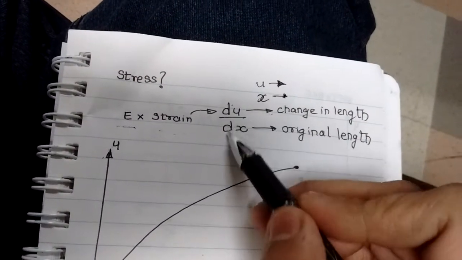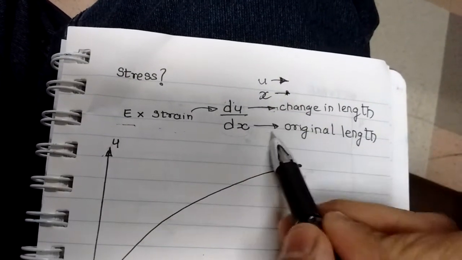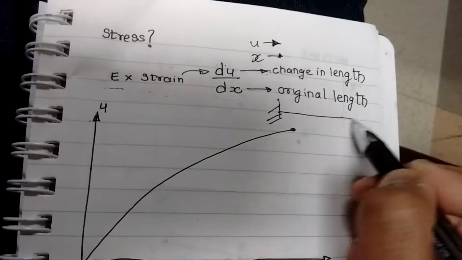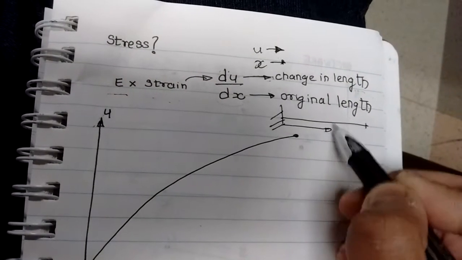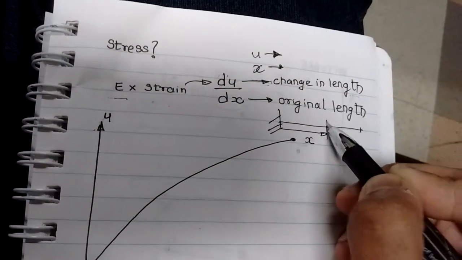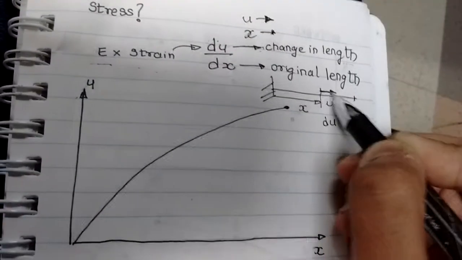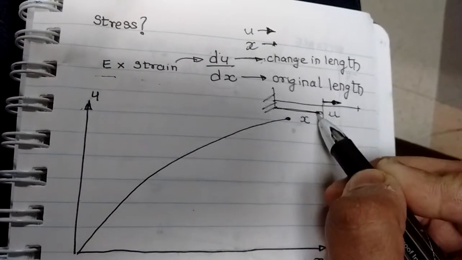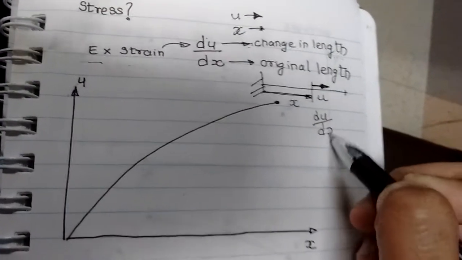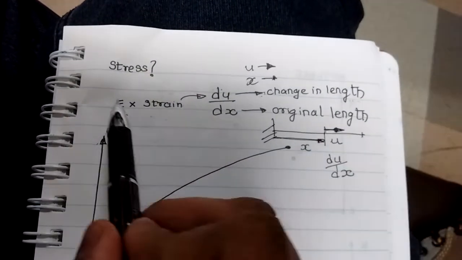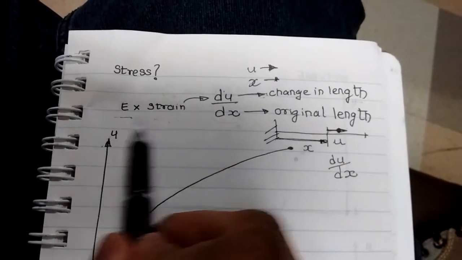So du by dx will be change in length upon original length. If I consider a bar, at any point its initial length was x and its displacement is u. So du by dx will give us strain, and Young's modulus times strain would give us stress.